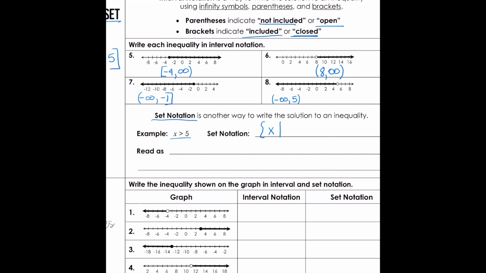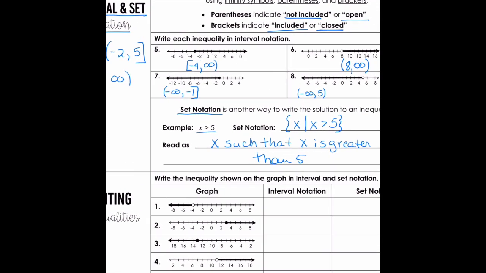Then there's a straight line, and then the inequality. Now the way we read this is x, that straight line stands for such that, x is greater than 5. So let's just practice this down here at the bottom.